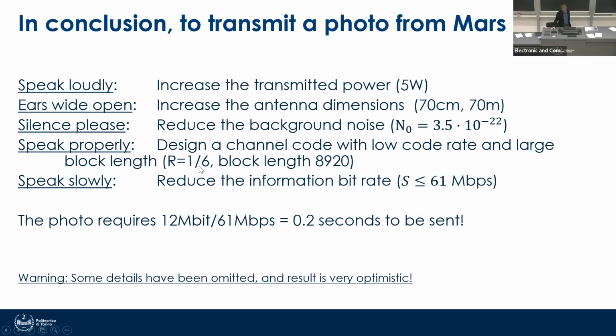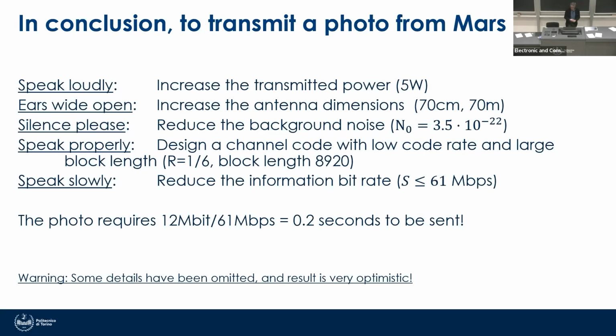And then this is the interesting part: you can speak properly. You can find the correct way of talking so that the message can be comprehended by the receiver. And finally, you have to speak slowly. You have to slow down your pace so that the receiver can collect enough energy for each transmitted bit.